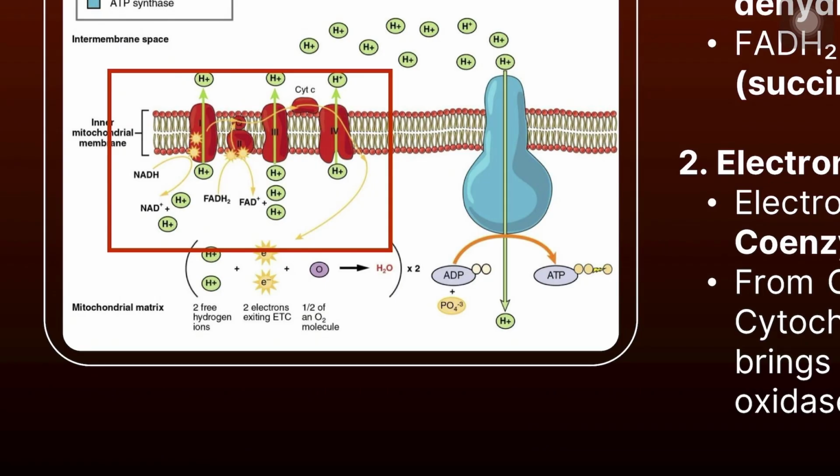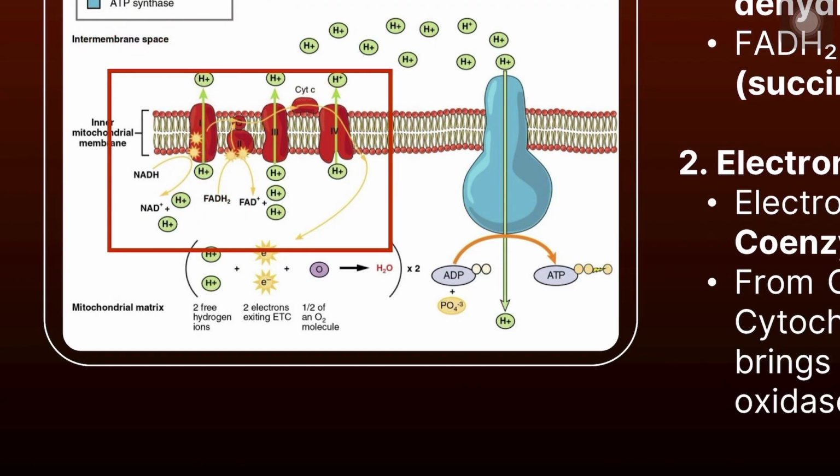As the electrons pass through complex 1, energy is released and it is used to pump hydrogen ions from the mitochondrial matrix into the intermembrane space.